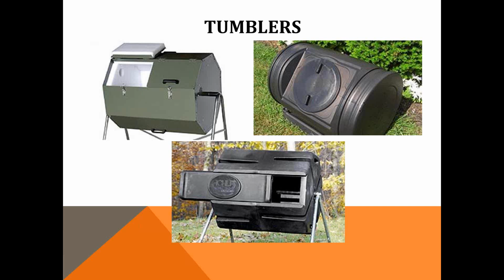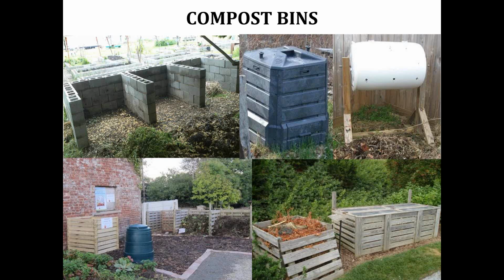Many of them are insulated. They're vermin resistant or vermin proof, and they're also odor resistant or odor proof. So we will encourage you and work with you on looking at different tumblers. There's a lot out there. If you use a tumbler, you can either compost thoroughly in the tumbler, or you can make that part of another compost system.